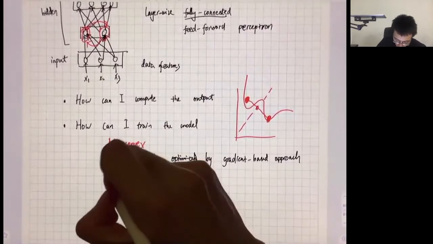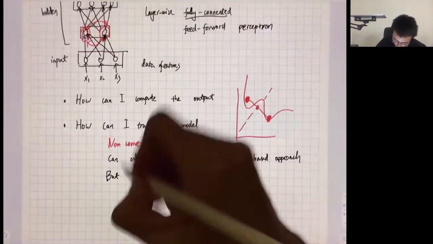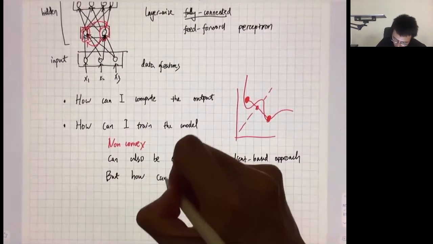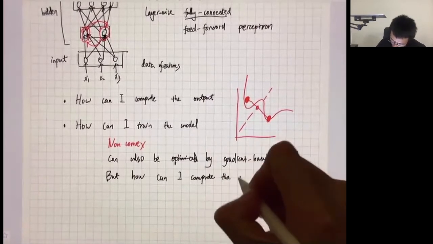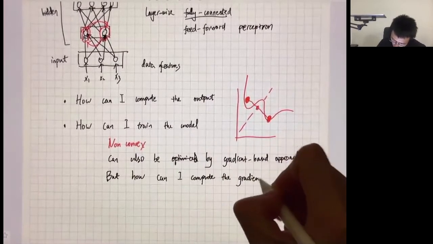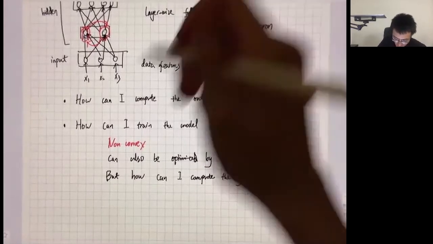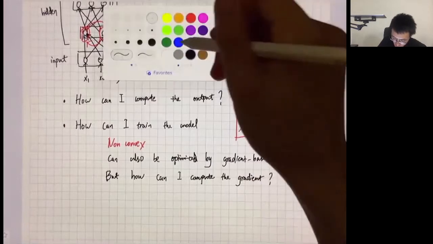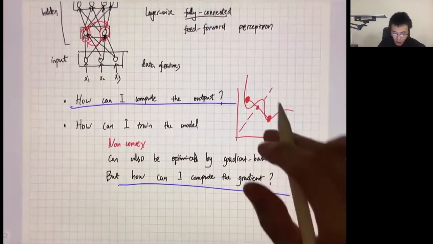But how can I compute the gradient? So these are my two questions. First question, how can I compute the output? Second question, how can I compute the gradient? Okay.